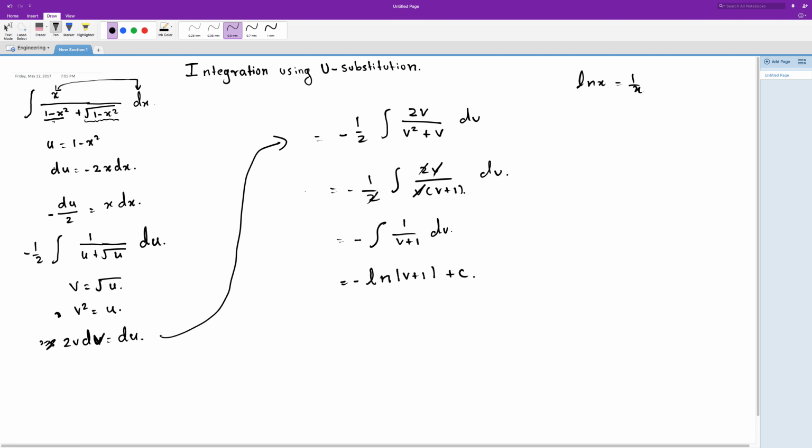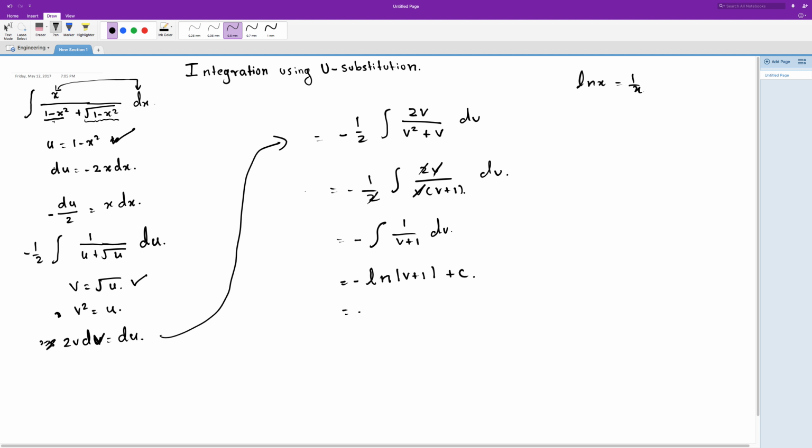Our main thing is we have to bring this back into the original format, in the x pattern. That's the purpose. But first, this is in v, so I have to convert it into u. We know that v is equal to root u, so I can plug this in instead of v.